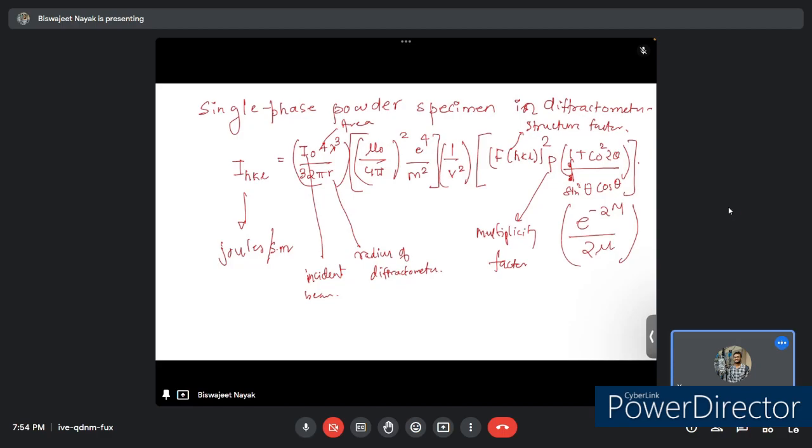Where here I HKL is the integrated intensity per unit length. Its unit is joules per second per meter, and here I0 is the intensity of the incident beam.